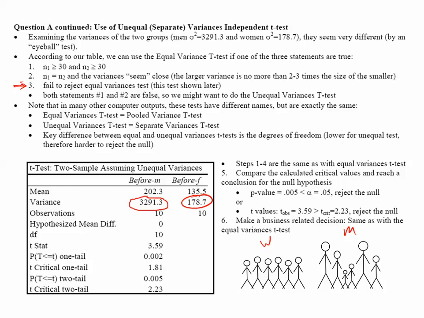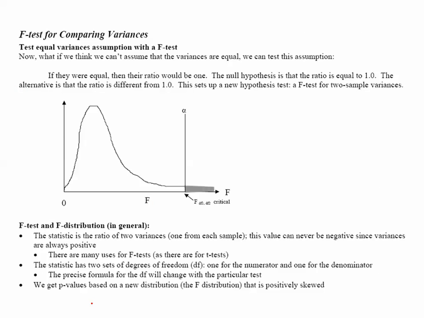Let's take a look at an F-test for testing for variances. An F-test is similar in a way to a single sample t-test, but what we're doing here is asking the question, are the variances of the two different? The F statistic is equal to the variance of the first sample divided by the variance of the second sample.